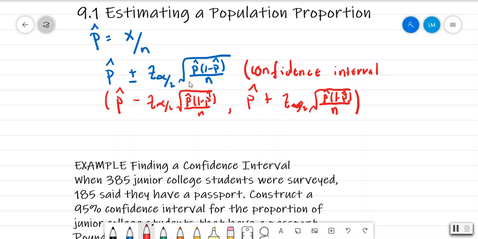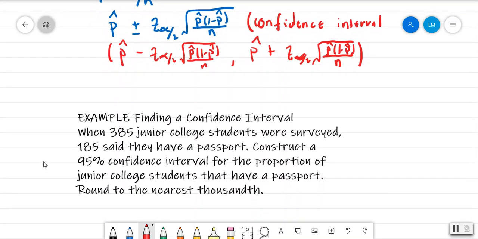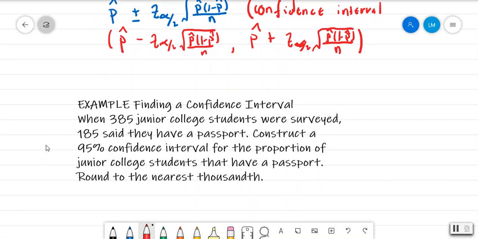Okay, so one thing that we can do from here, let's look at the first example. And mind you that for z alpha over 2, you're going to have to use either the inverse norm or whichever the case is.